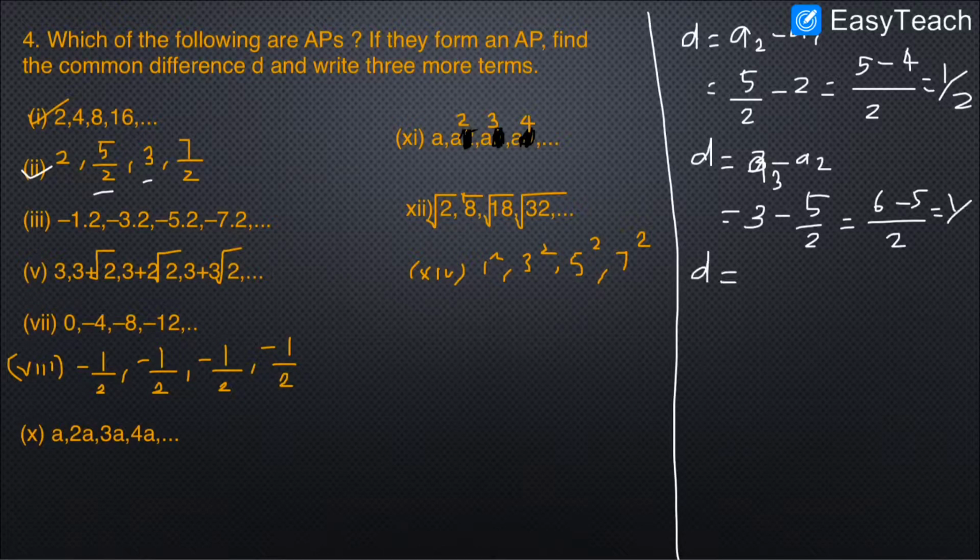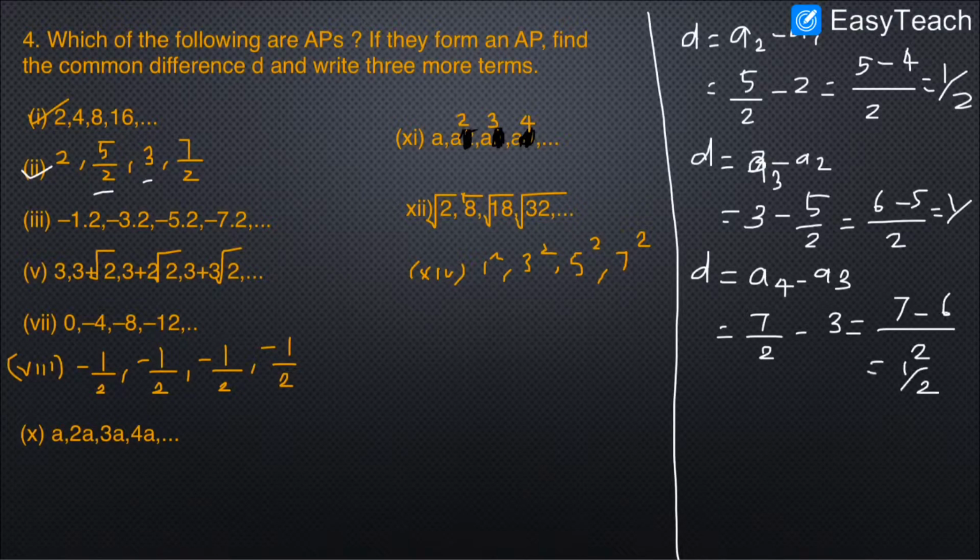For the third one, A4 minus A3, 7 by 2 minus 3, which gives me 7 minus 3 2s are 6, again 1 by 2. Since the difference is the same, this is an AP.